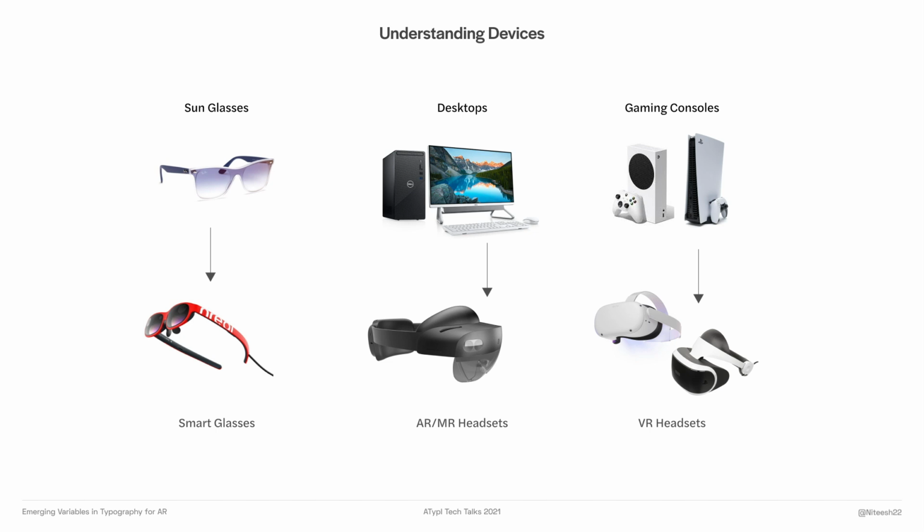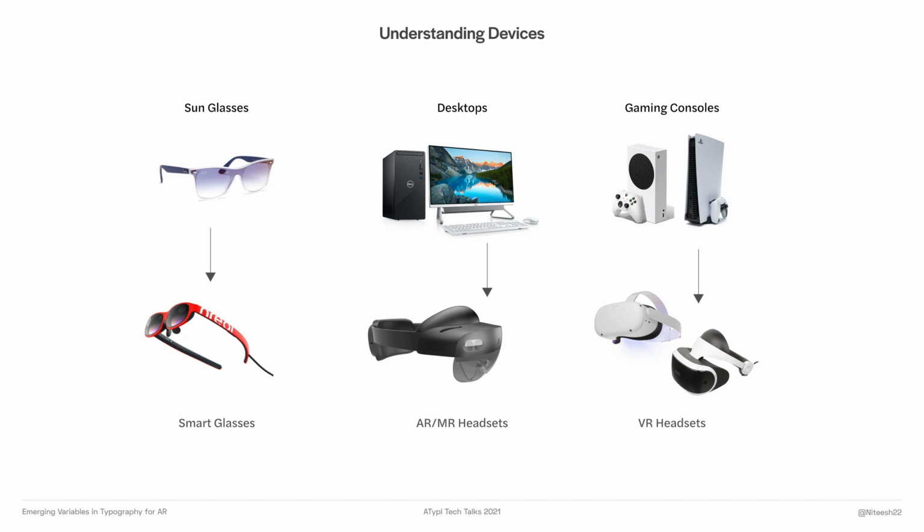Now that you have an idea about immersion, let's understand how the devices around us, which have been there for a longer time, are evolving. Our dumb sunglasses will become smart, and we can add contextual information, which can help us lead a much easier life, where all the information is available right in front of you at any given point of time.